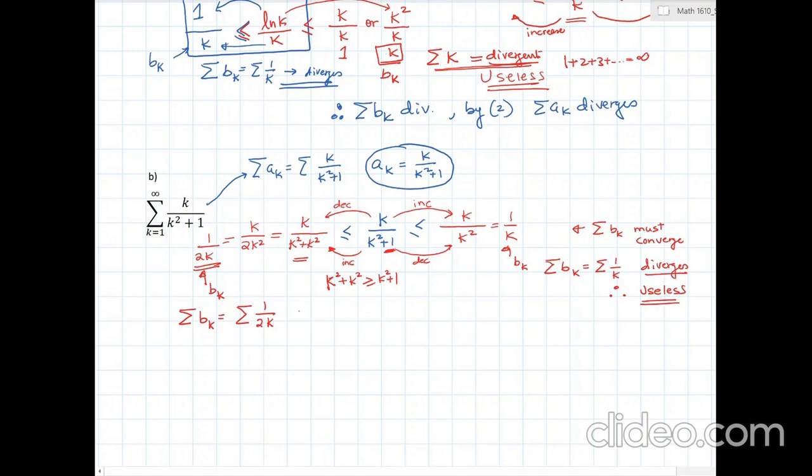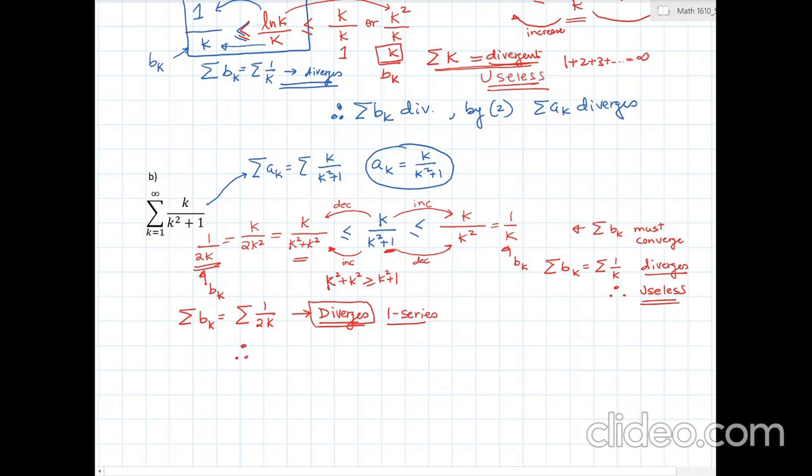Well, this one we know diverges because this is a constant times the harmonic series. So this guy diverges. Now this is useful because the series on the left side, on the lower side, should diverge for us to come to any conclusion.